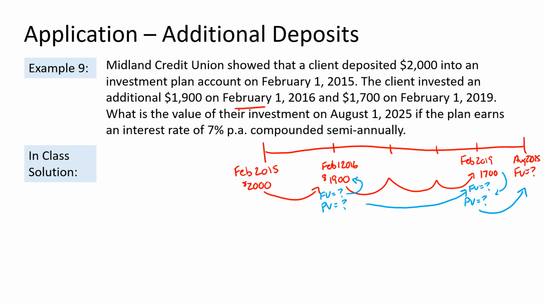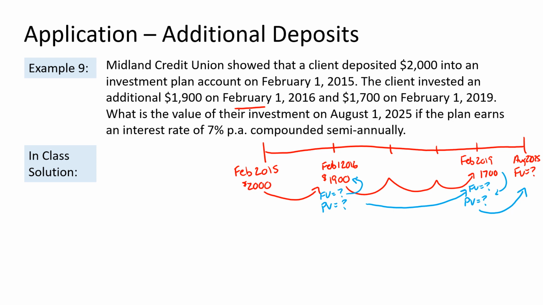So make sure you use a timeline effectively here. When you look at it, it's 3 calculations, the same formula all 3 times. You just have to understand how this timeline works.